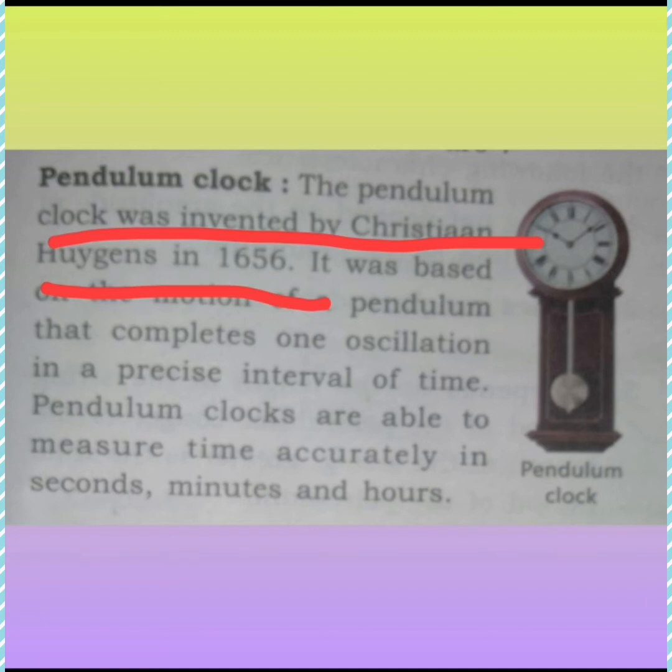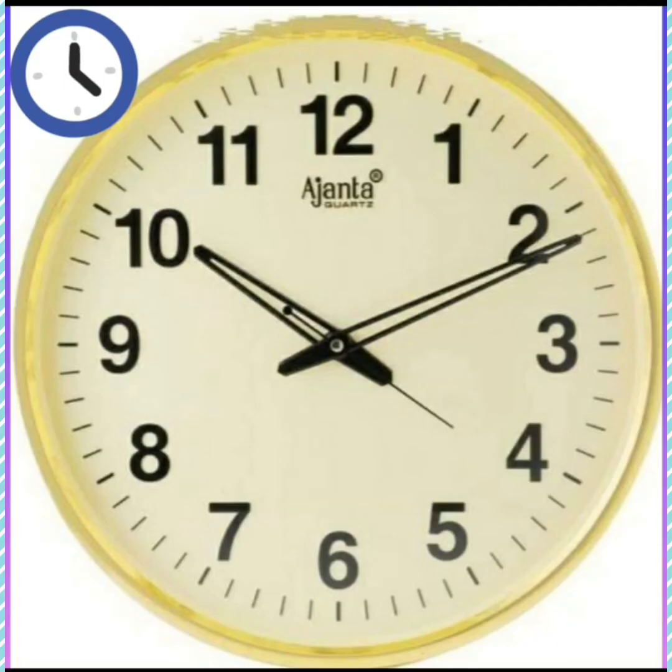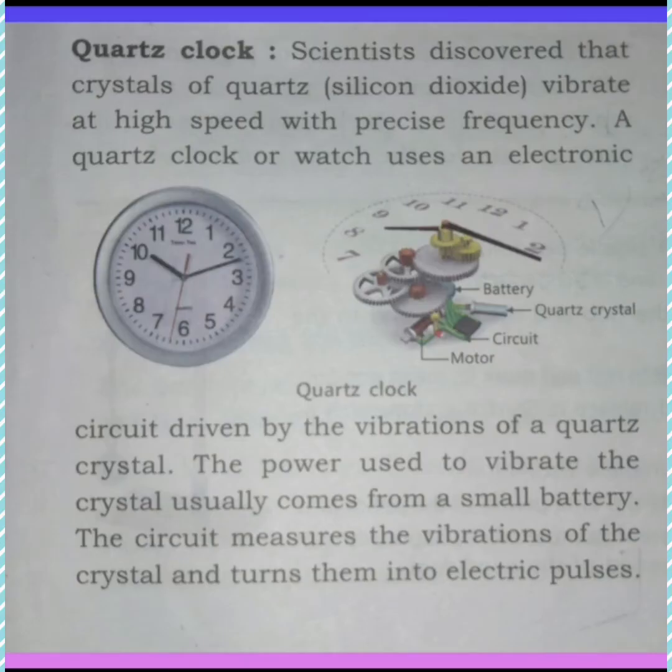Now let's move towards the quartz clock, which everybody of us is using. A quartz clock has an electric circuit that works with the help of cells and provides accurate time. Scientists discovered quartz crystals, which are of silicon dioxide and are used in our watches because their frequency is very accurate.